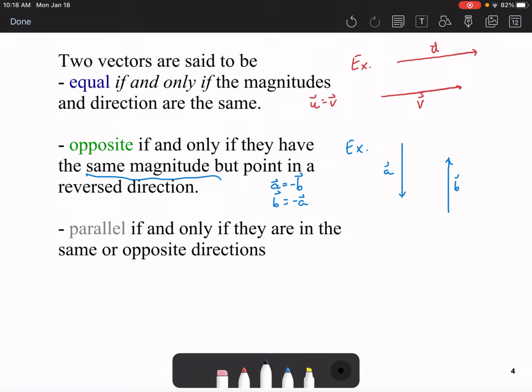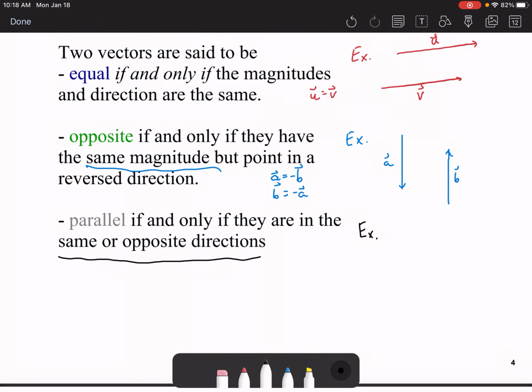Parallel vectors only occur if they head in opposite or the same directions. Not necessarily are they the same size. Let me show you an example of that. Again, using my ruler, I'm going to draw a vector of a certain size. I'll call this M. I'm going to draw another vector, just moving my ruler over, but I'm going to draw the size much bigger.